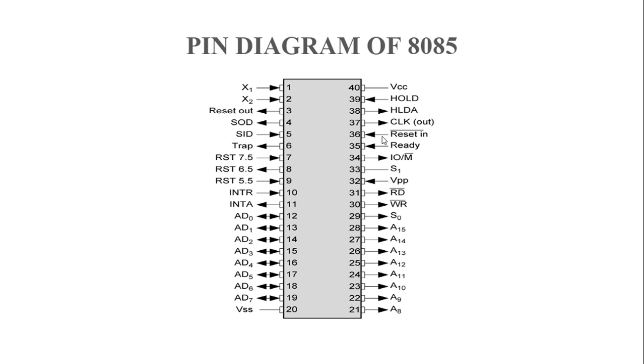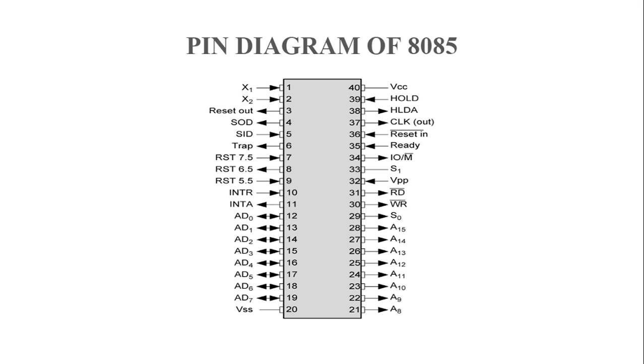It also resets the interrupt pins and the HLDA flip-flop. When the reset in bar pin is equal to 0, it resets the program counter to 0. Also it resets the interrupt pin of the microprocessor 8085 and the HLDA flip-flop. But it does not affect any other flags or any other register except the instruction register.